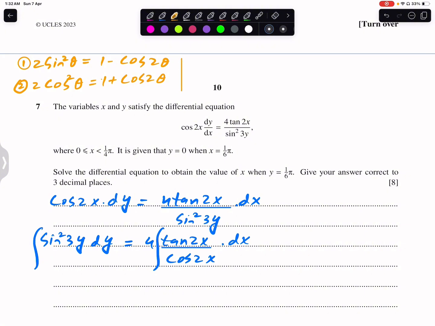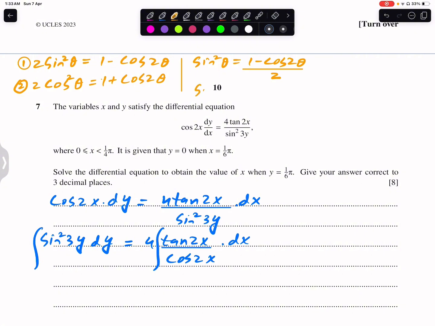We will use the first one here, sine square theta is equal to 1 minus cos 2 theta divided by 2. If you have theta on the left side, you will have twice that angle on the right side.